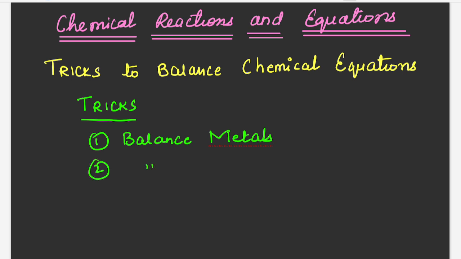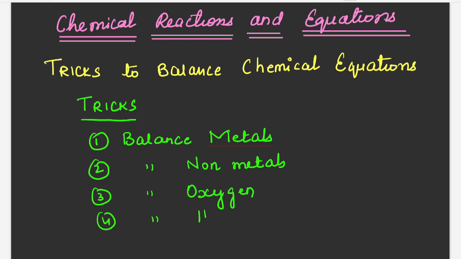Second, you have to balance non-metals. Then third, you have to balance oxygen atoms. And then fourth, you have to balance hydrogen atoms. This is the sequence you have to follow.